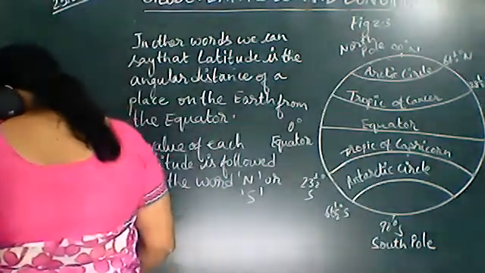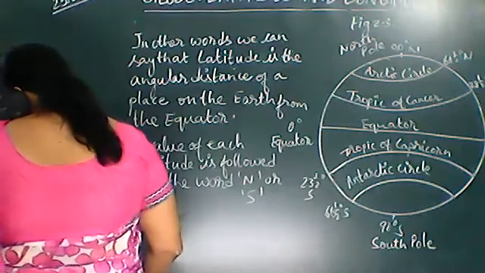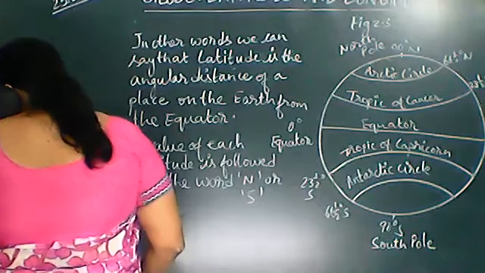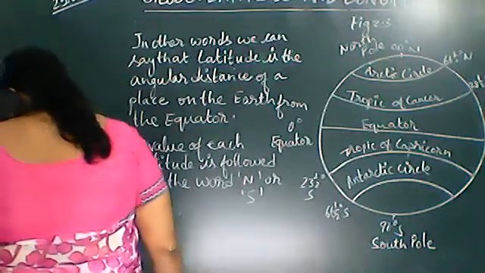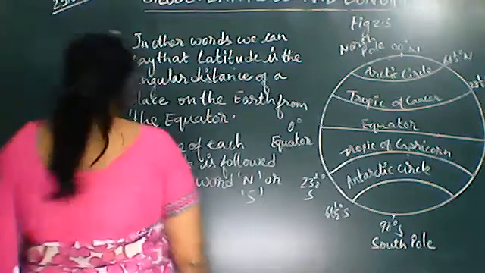One important piece of information has been provided in your book. By measuring the angle of the pole star from your place, you can know the latitude of your place.